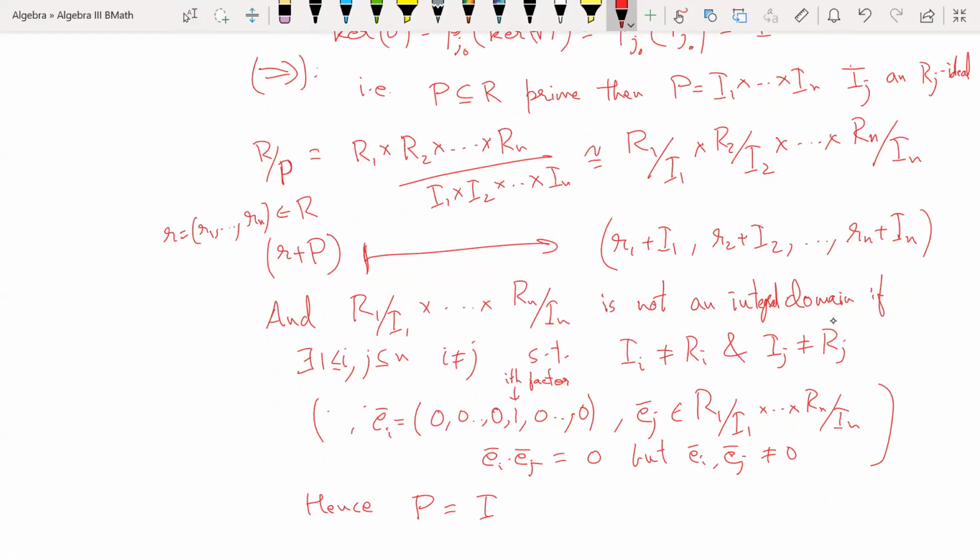Hence, sorry, maybe I'll write it as the conclusion. Hence, Ij should be equal to Rj for all j between 1 and n except one, say j naught.